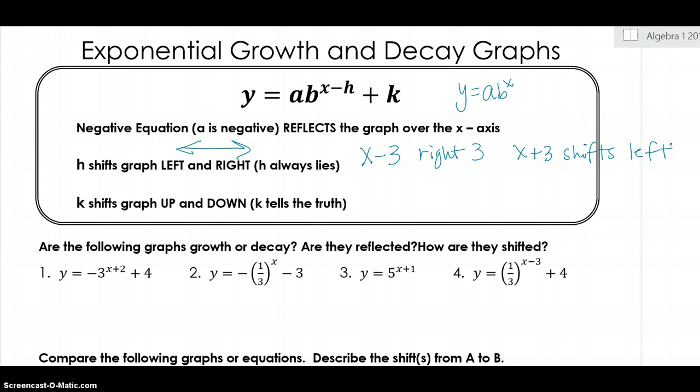And then K is going to shift the graph up or down, and K tells the truth. So H lies, K tells the truth. So if it says plus 5 on the end, then this is going to shift up 5. But if it says down 5 or minus 5 at the end, it will truly shift down 5.